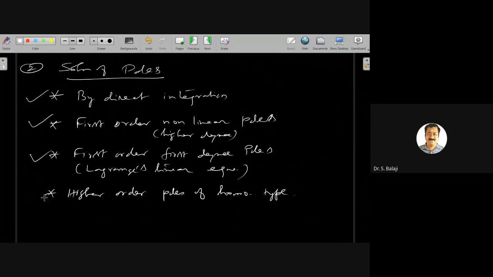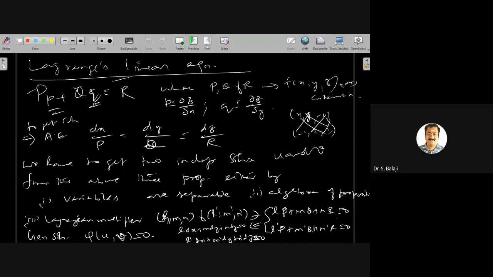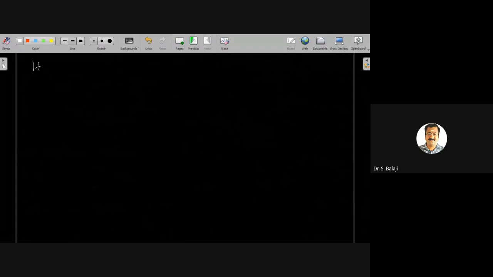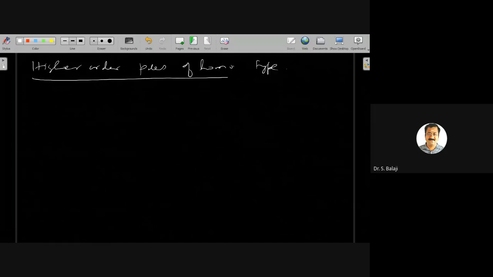Then after that we have the concept of higher order PDEs. A higher order PDE of homogeneous type means each and every term has the same order.